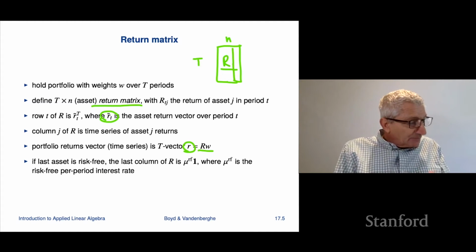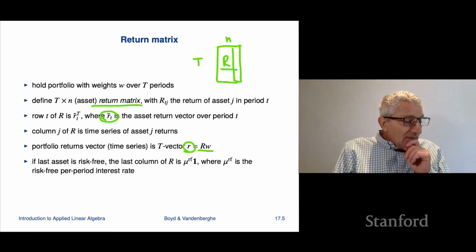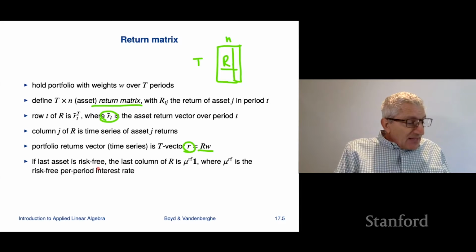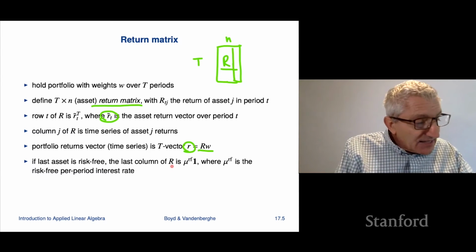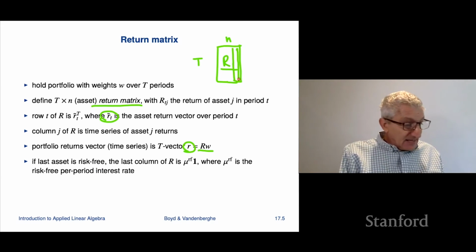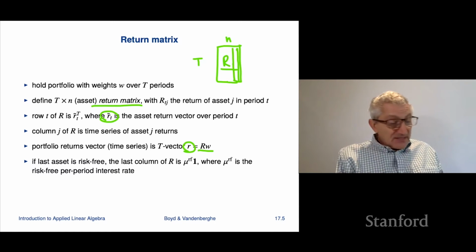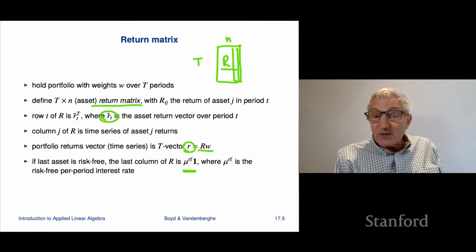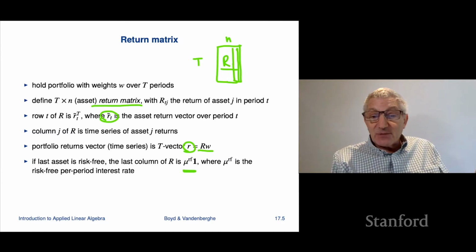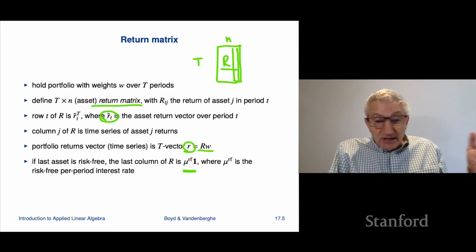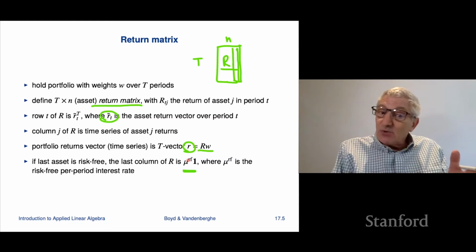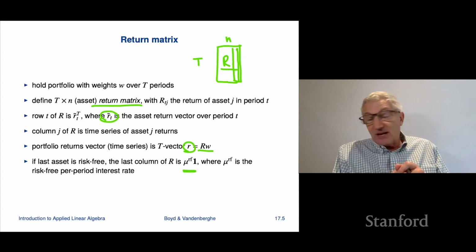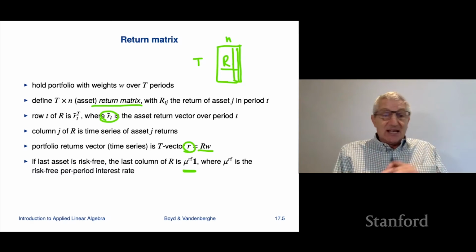Okay. If the last asset is risk-free, which we're going to assume, then the last column is the return series of that risk-free asset, and that's very simple. It is simply mu risk-free, which is a number, times ones. In other words, it's constant. That's what it means to be risk-free. If you like, you can set mu risk-free equal to 1 or whatever, and then it's like putting dollars under the mattress, nothing happens.